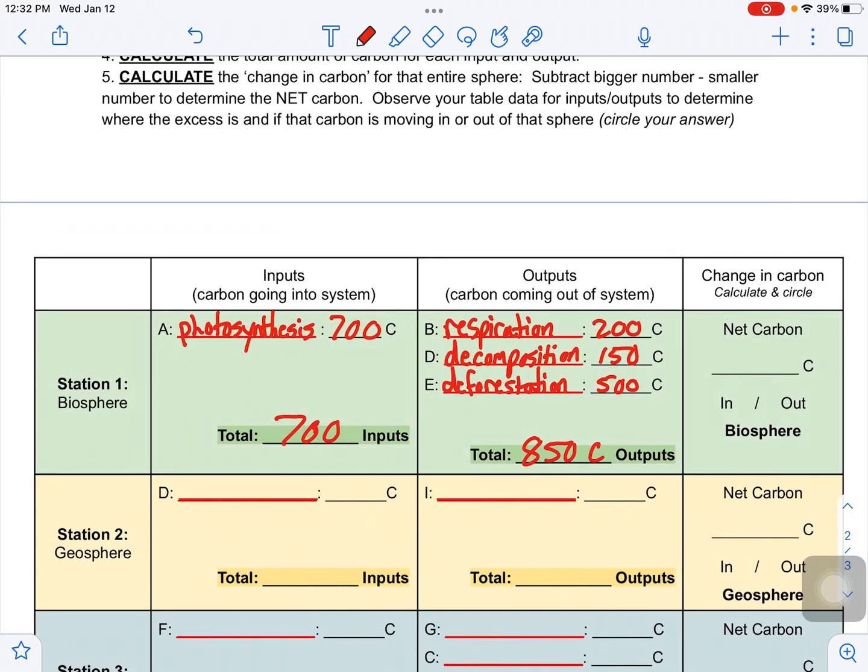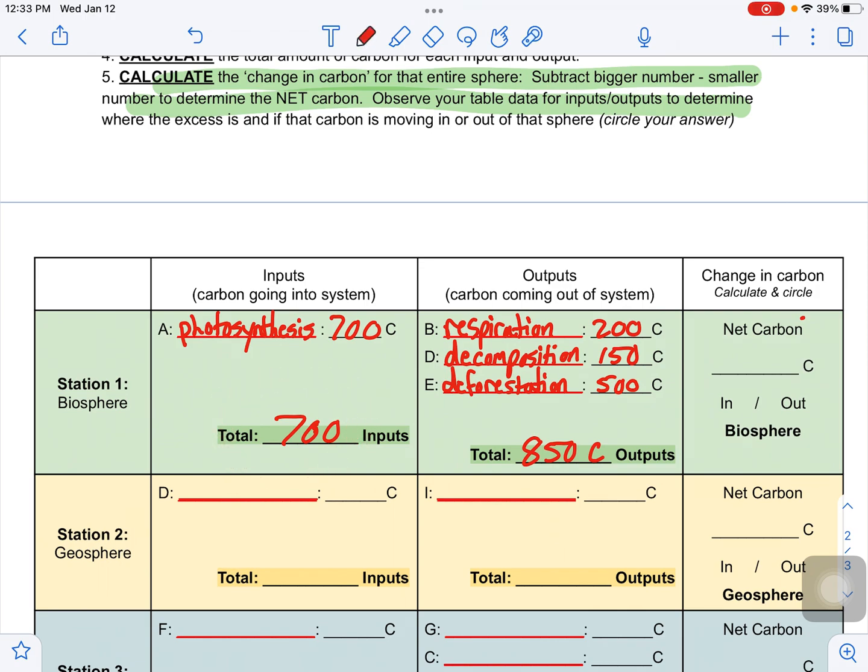Now, my last column here is the change in carbon. So what is my net carbon going in or out of the biosphere? For this, I need to do a little subtraction. It tells us how to do that right here in the directions, I just need to subtract them. I'm going to take my biggest number, which is 850, and subtract my smaller number, which is my input.